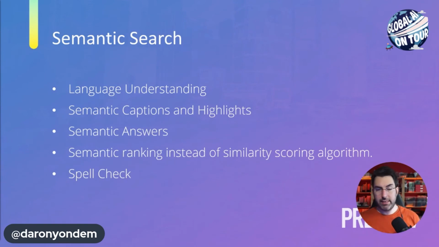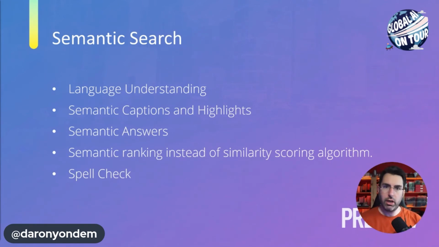And that's a good thing because, again, this is something Google does, right? When you search for something, sometimes it brings an answer to you. And finally, semantic ranking instead of similarity scoring. That's important, especially when you search for a question. It doesn't simply look at how similar the items are to each other when it's ordering the search results.